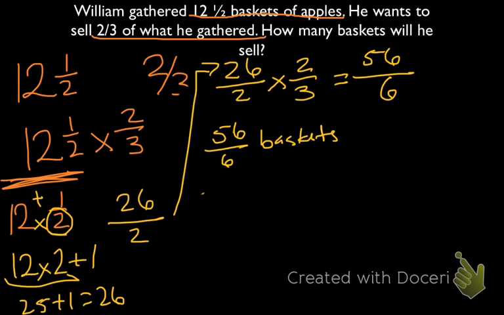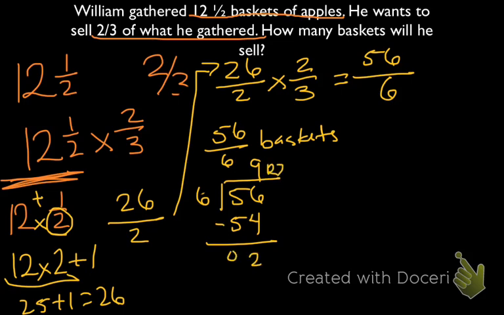And we want to simplify this, so since it is an improper fraction, we'll go 50 divided by 6. Well, 6 goes into 50 8 times. 6 times 8 is 48. And we're left with 2. So that becomes 8 and 2/6.